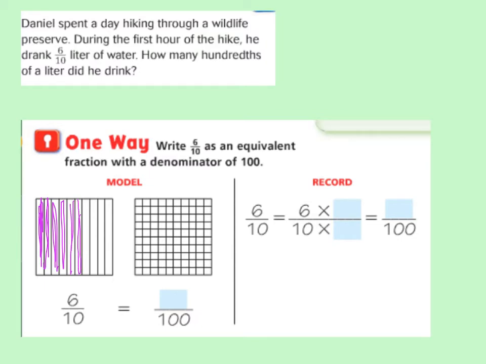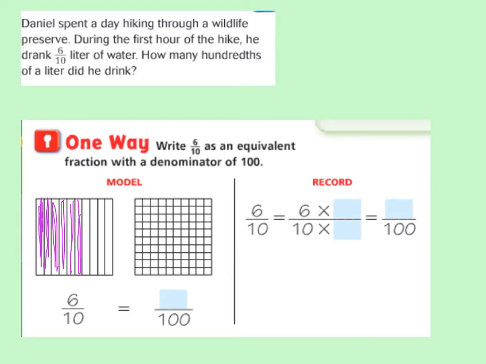So now what we're trying to figure out is what would be equal in the hundredths section. So we're going to write 6/10 as an equivalent fraction with the denominator of 100. We're going to find what hundredths is equivalent to 6/10.